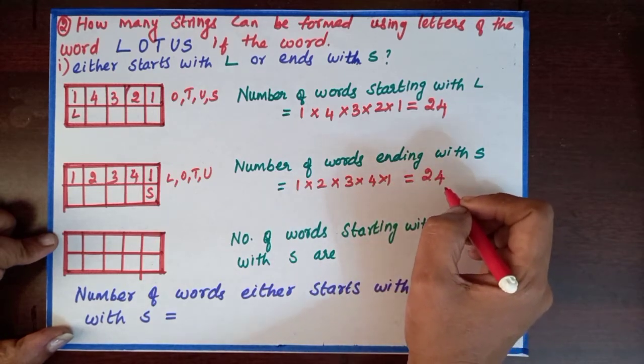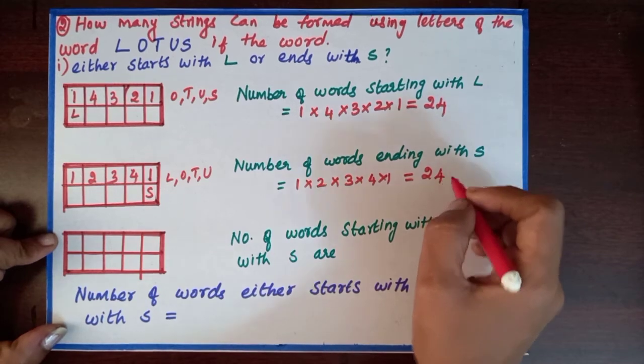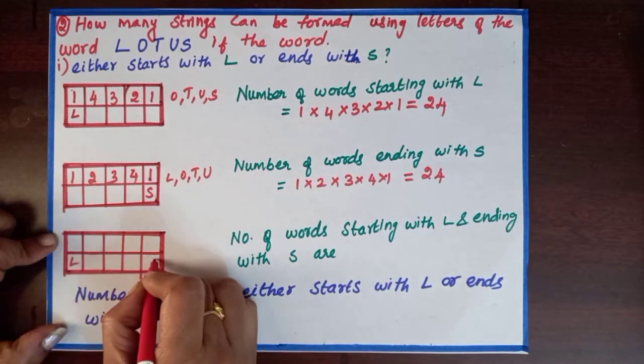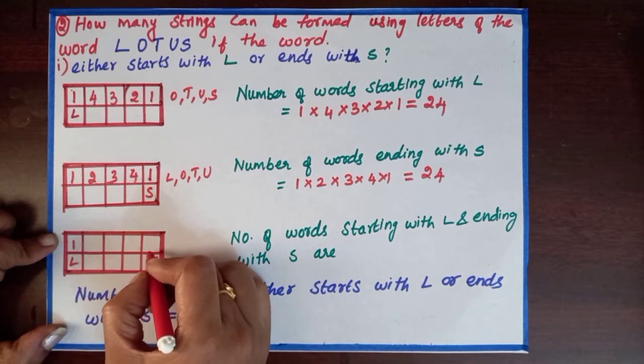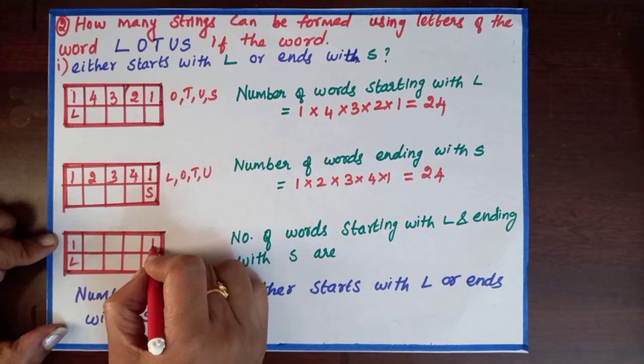Number of words starting with L and ending with S. L can be filled in one way, S can be filled in one way.